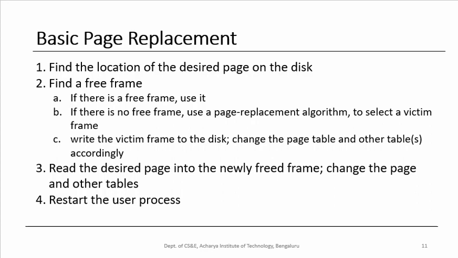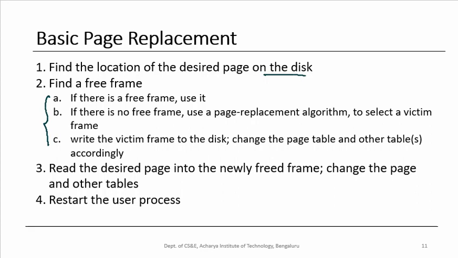We will discuss the page replacement algorithm later, but let us look at the discussions that we have made so far put in the form of an algorithm. Find the location of the desired page on the disk, find a free frame. There could be three activities possible when the operating system tries to find a free frame.